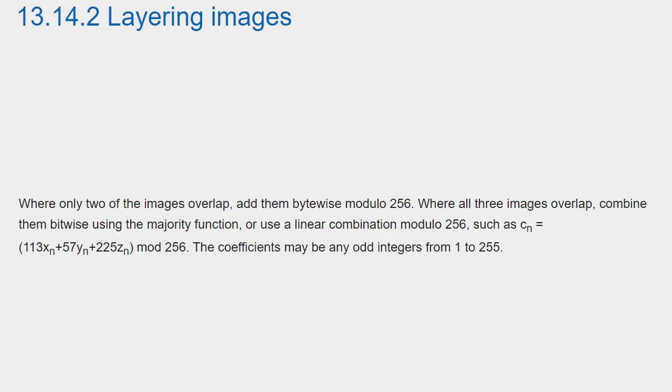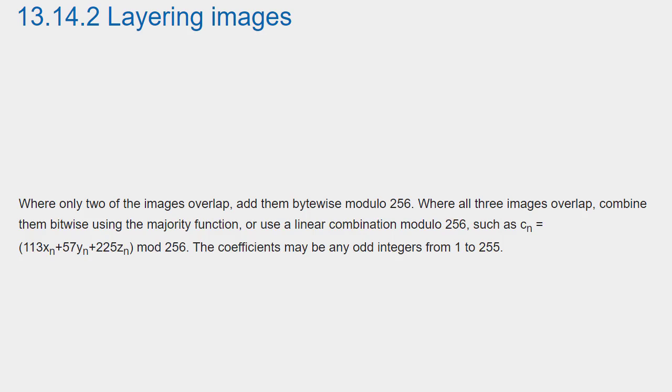Align one short image to begin at the same point as the largest image, and the other short image to end at the same point as the longest image, like this. Where only two of the images overlap, add them bytewise modulo 256.